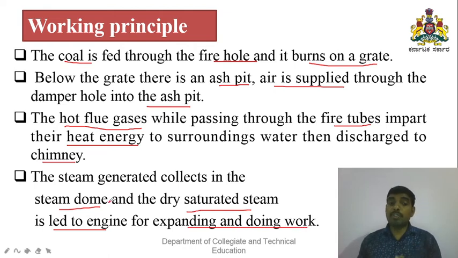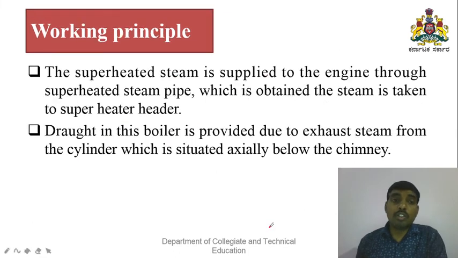The steam generated will be collected in the steam dome, and then the dry steam or superheated steam will flow to the engine for expanding and doing external work. Finally, the superheated steam is supplied to the engine through the superheated steam pipe. The steam is taken to the superheater header.